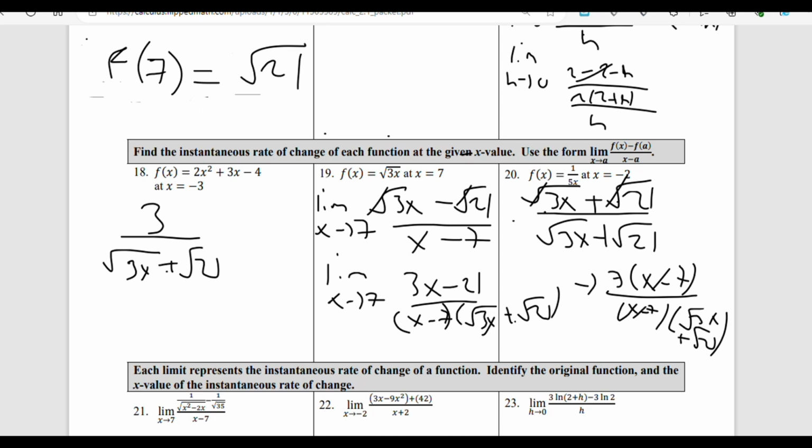And then now what we can do is plug in our 7, 3 over square root of 7 times 3 plus square root of 21. Square root of 7 times 3 is square root of 21. So we get 3 over 2 times square root of 21. Hopefully that makes sense.